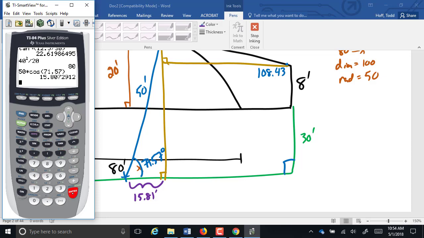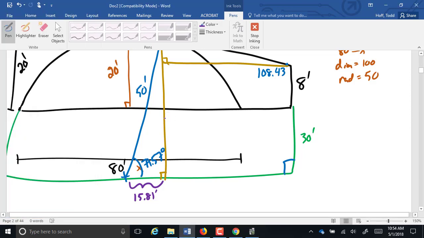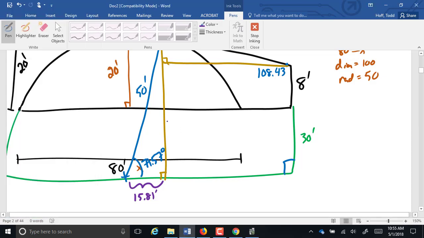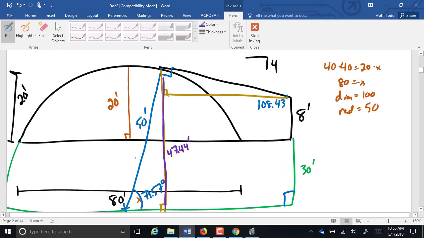Yep, 15.81 works. How about for the other side over here? 47.43, you say? Sounds about right. Yes, 47.44. 47.44 is all the way up here, all the way to the top.